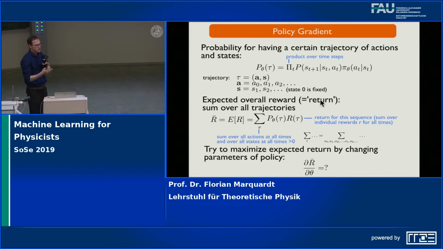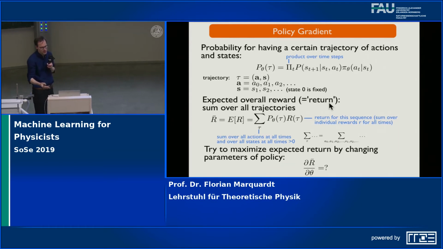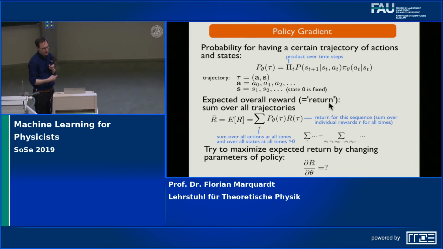So that's the overall return, what I get out of this one game. And I am not so much interested in what is the value of this return for a particular realization, for a particular trajectory, because I know things are probabilistic, so I want to calculate the average. I want to calculate the expected return averaged over all trajectories.